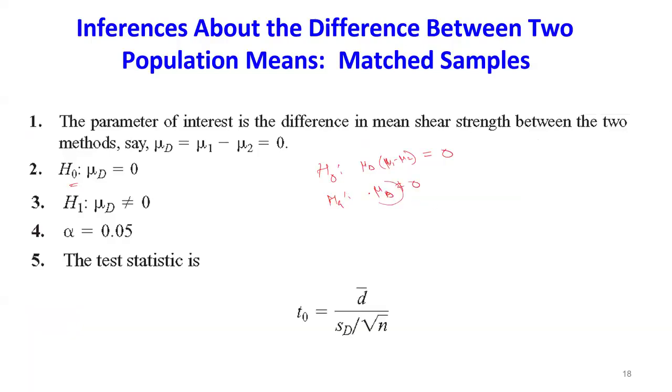Here the population data is not there, so we use this D bar, which is the sample difference mean, for calculating the test statistic. How can we get this D bar and SD from the sample?